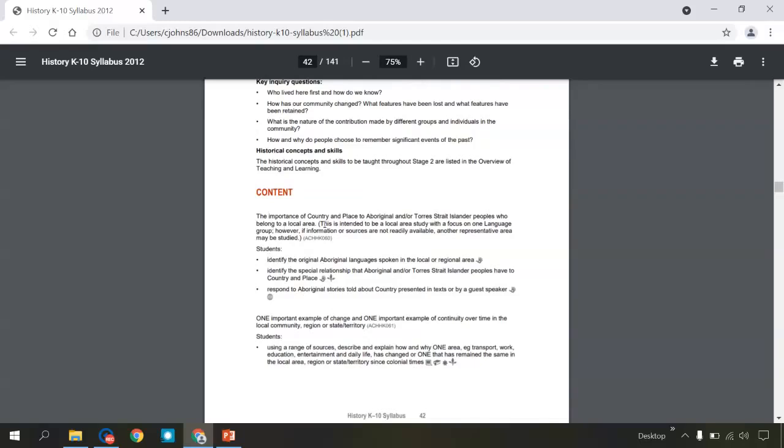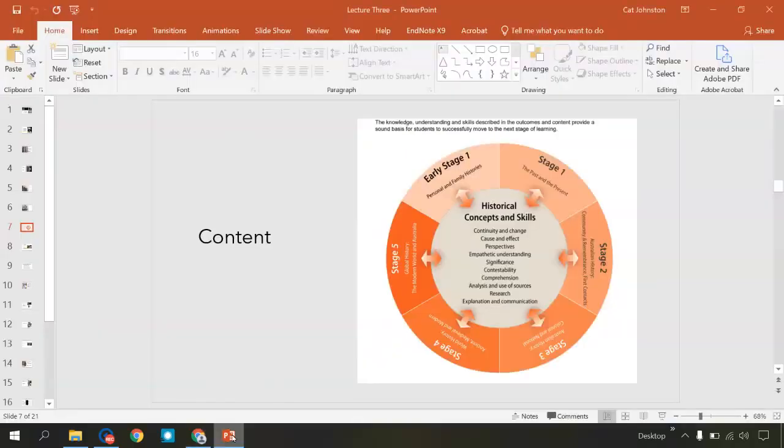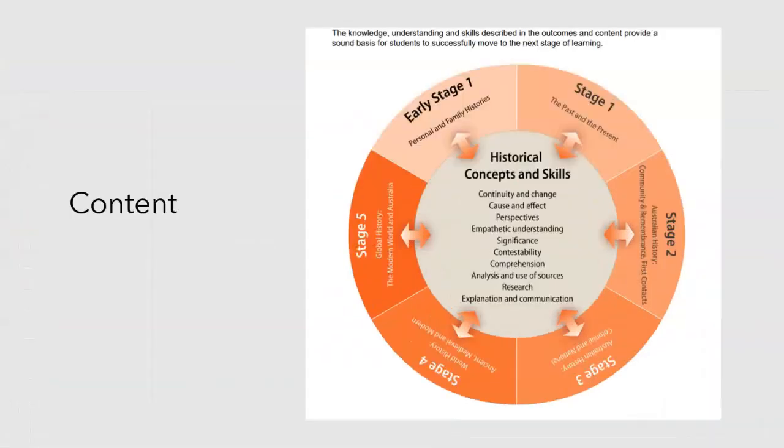Okay, so the importance of country and place to Aboriginal and or Torres Strait Islander peoples and so forth. Students will identify the original Aboriginal languages spoken in the local or regional area. So the dot points are building on this point here. Okay, so that's what I wanted to show you there. I'll probably come back to the syllabus because I may be showing you something else as we go through.